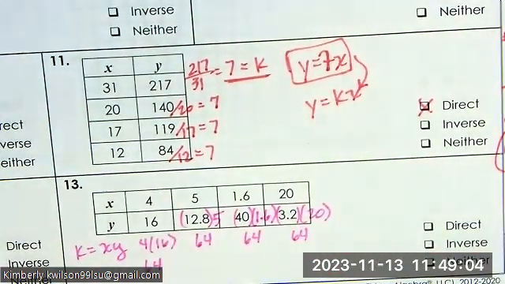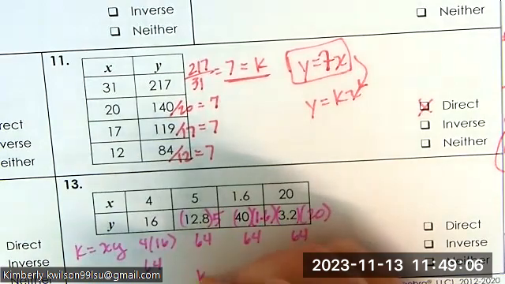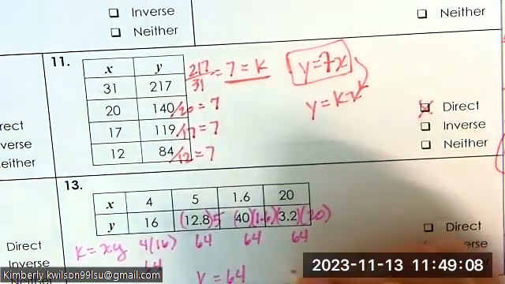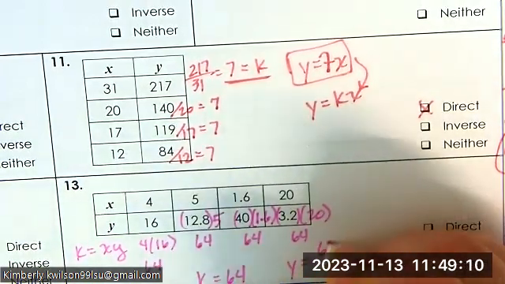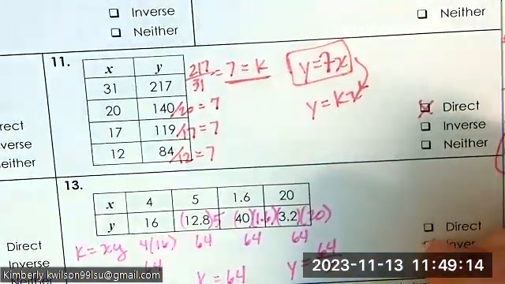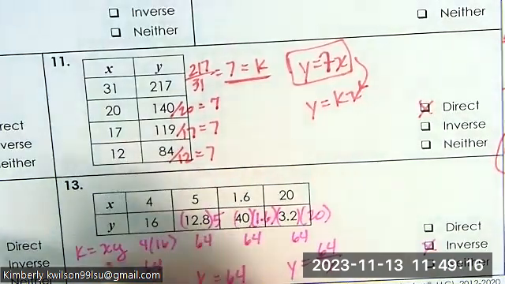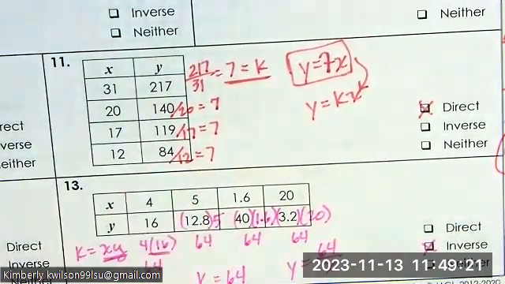These are all the same. So I can say that my k equals 64, which means my equation is y equals 64 over x, because it's inverse, because it's a product that we're doing. We are multiplying them, so therefore it's an inverse.